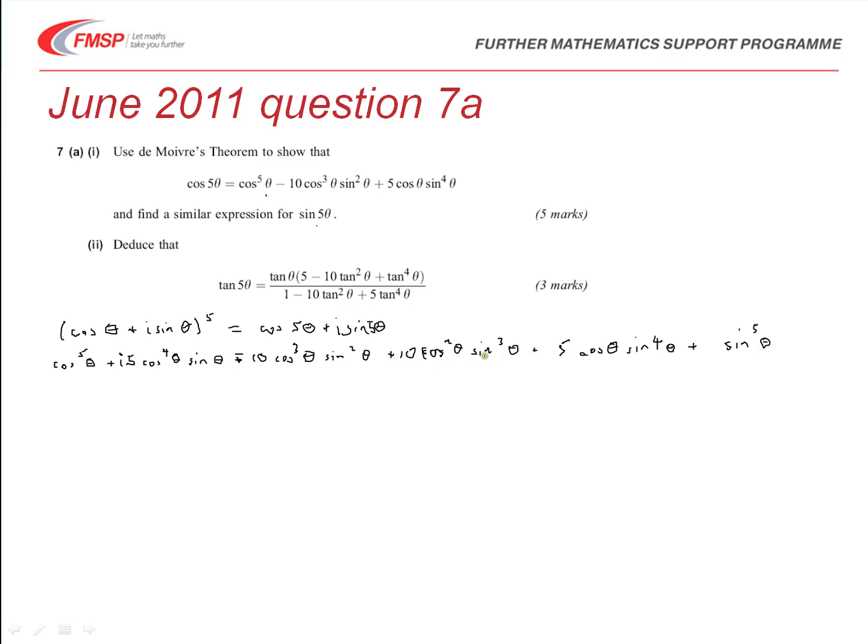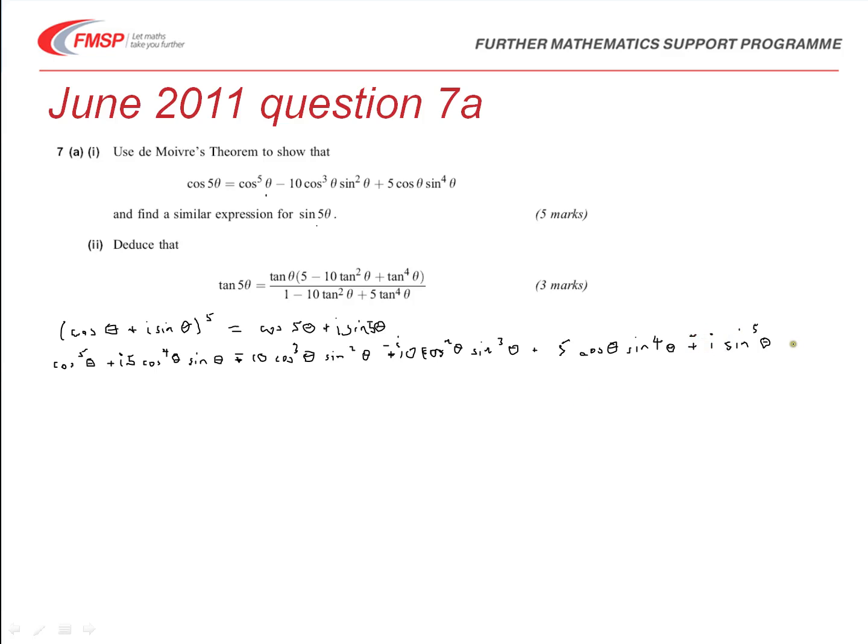This one is i cubed, so this will become a negative i times this one. And the next one has got i to the 4th, which is plus 1, so that's okay. And the last one is i to the 5th, which is the same as minus i.